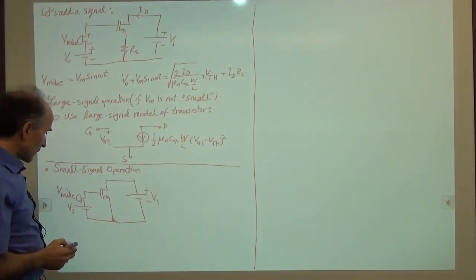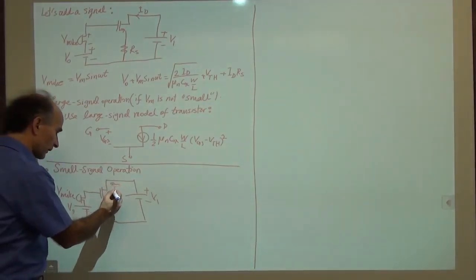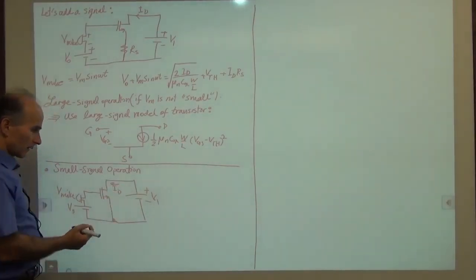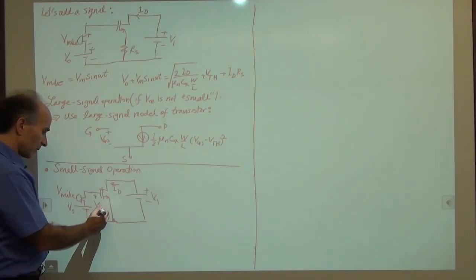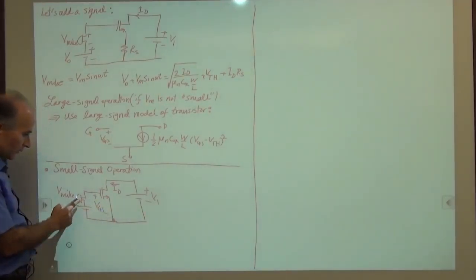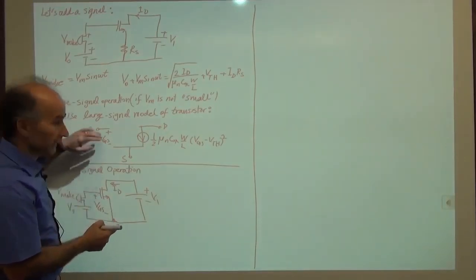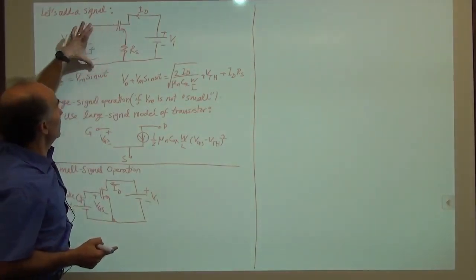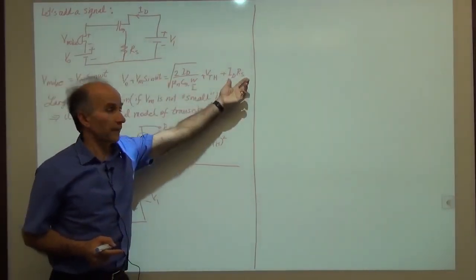Okay, so again, I know that this drain current is related to this VGS, and it just happens that now VGS is equal to the microphone signal plus V0. If you remember, that was not the case here, right? VGS was not equal to this because of the drop across the resistor, this term here.